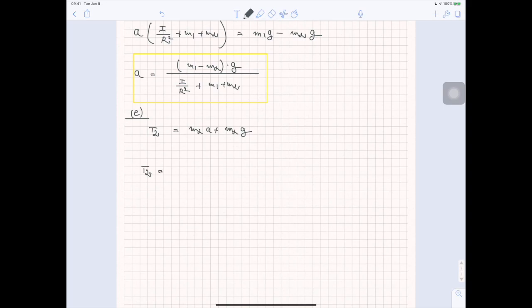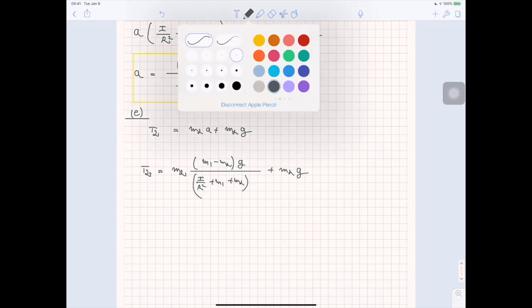T2 is therefore M2 times (M1 minus M2) G, and then you have in the denominator I over R squared plus the sum of both masses, M1 and M2, plus M2G. You don't have to get hung up on simplifying this even further, just leave it like that. That's fine.